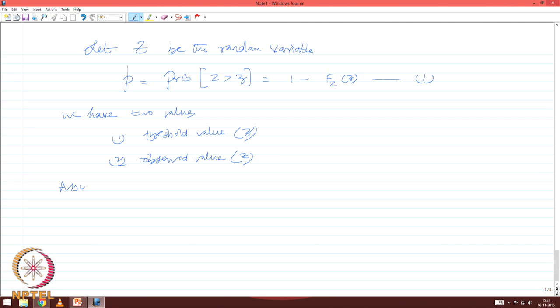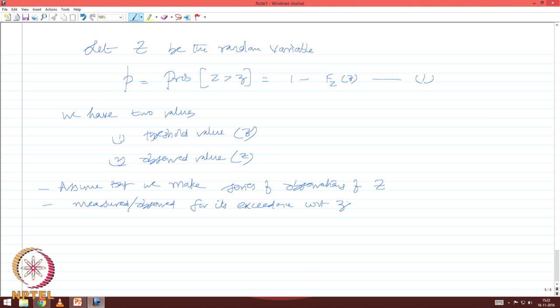Assume that we make a series of observations of z. These values are actually either measured or observed depending upon the process for its exceedance with respect to the threshold value small z.